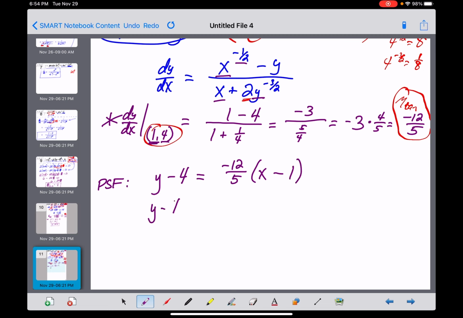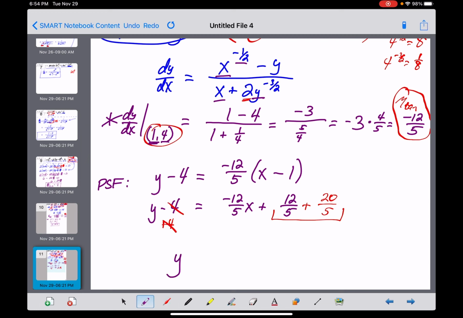Now let's distribute there. We're going to get y minus 4 equals negative 12/5 x, and then a plus 12/5. And then I'd add a 4 on both sides, but I'm going to write that 4 as 20/5, and that'll give me the common denominator I need to put those two terms together.